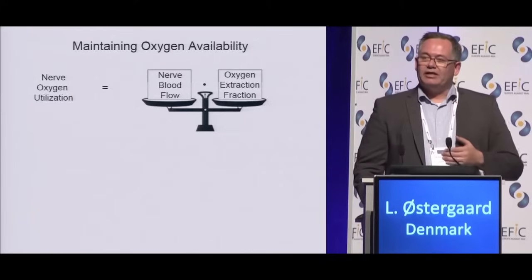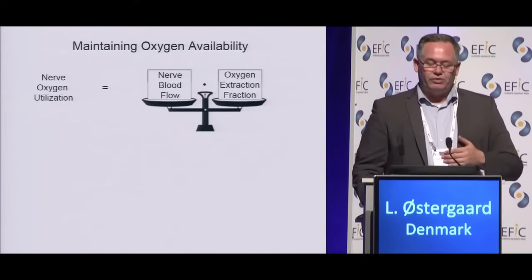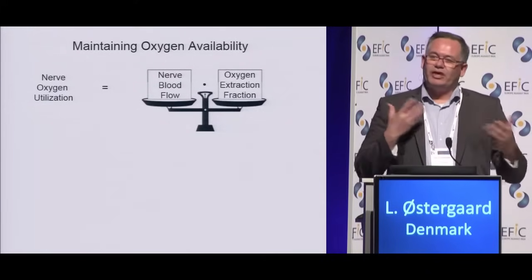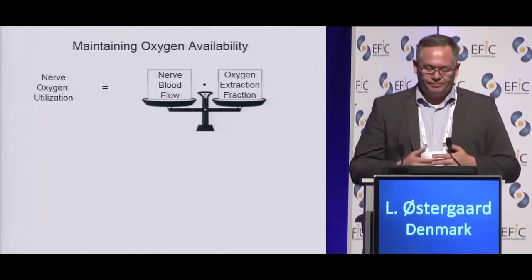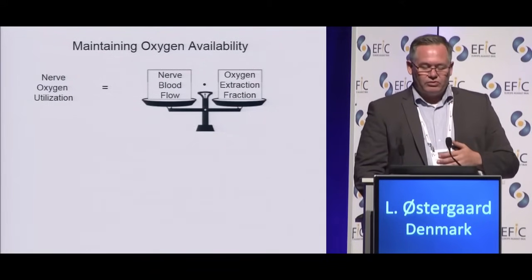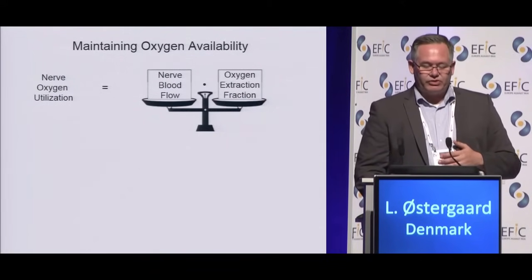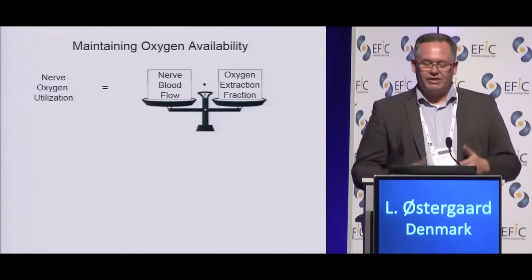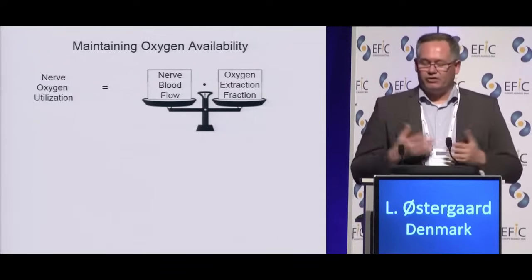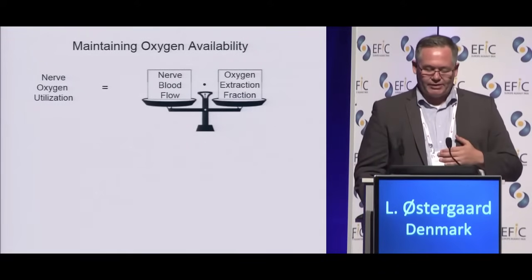So what does tissue do if all of a sudden the extraction of oxygen is not as good? Here we need to remember that the amount of oxygen tissue has available to it is the product of its blood flow and the extraction fraction, or the extraction efficacy, meaning how many percent of the oxygen can actually be extracted.